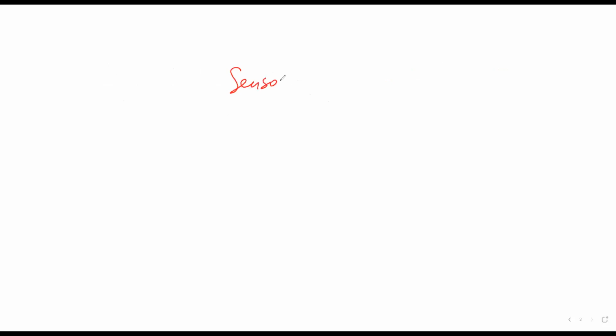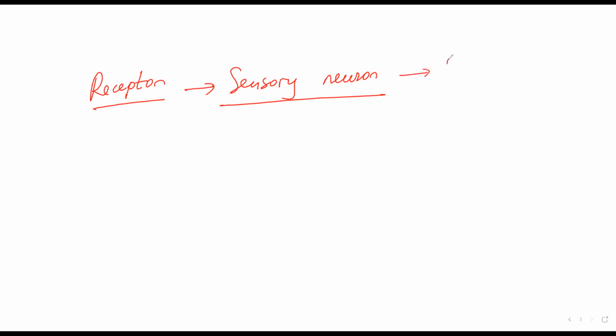So sensory neuron, guys. Let's look at the sensory neuron. A sensory neuron can make synapses with a receptor organ, because you know the sensory neurons receive impulses from the receptor and give them to the relay neuron in the CNS, as you remember.